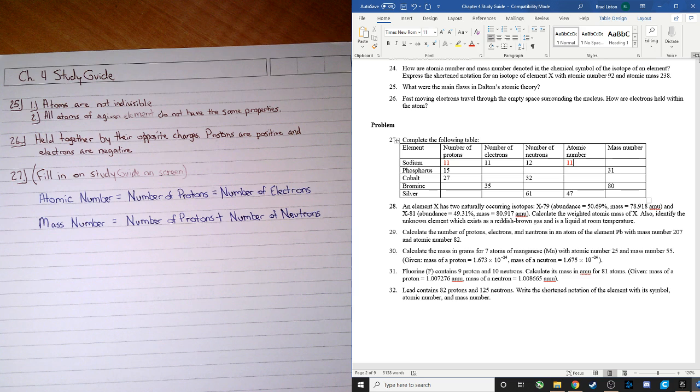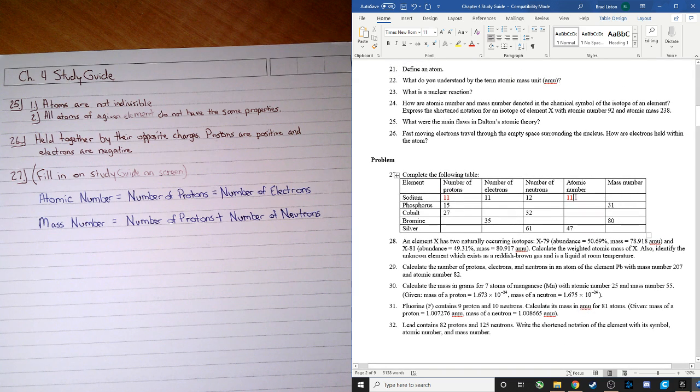Then, the mass number is equal to the number of protons and number of neutrons added together. That would be 23. Okay? So now, row 1 done.